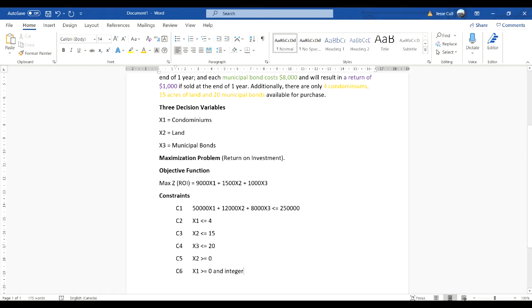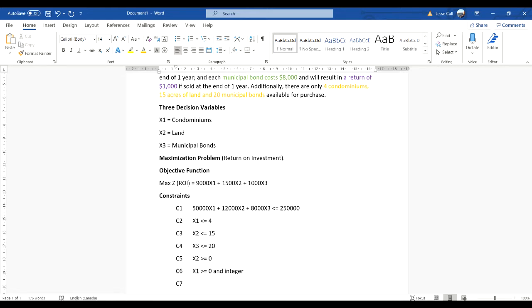That's what it says here, integer. But we can purchase percentages of land. Land is divisible. Because land is divisible, we can purchase percentages of it, and we do not have to purchase whole numbers. We can purchase parts of.